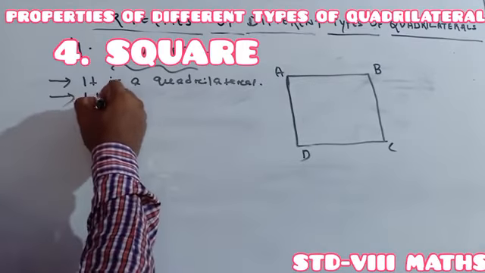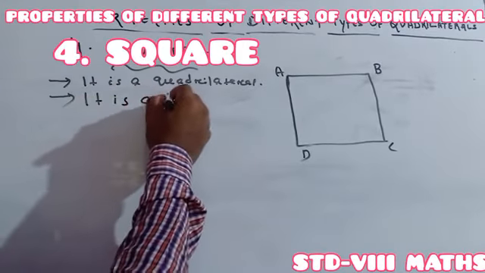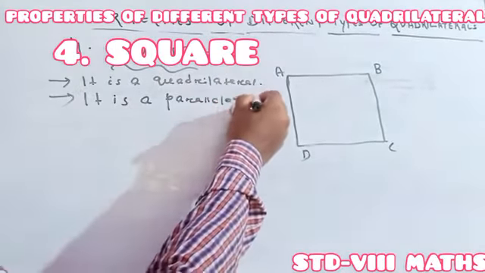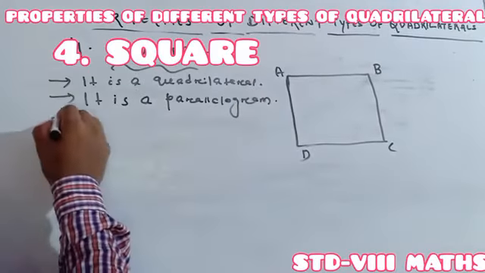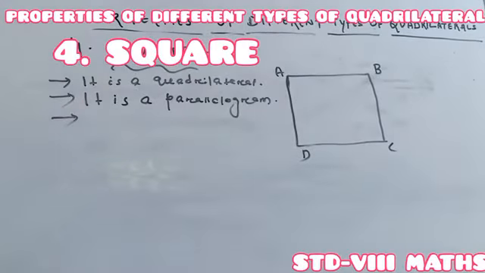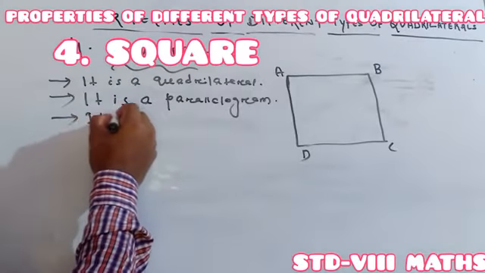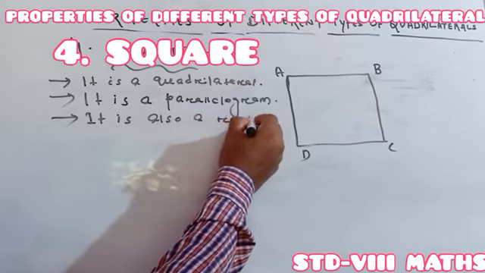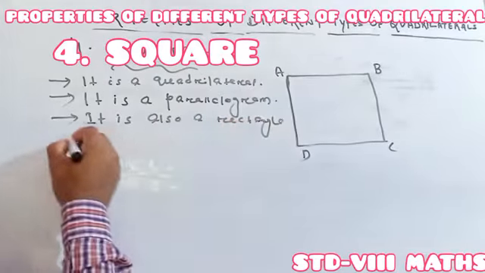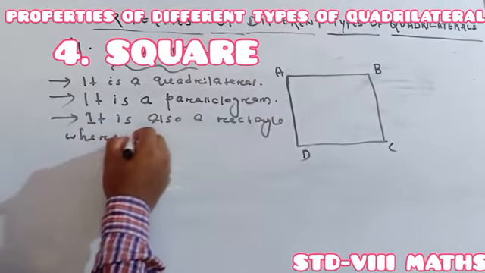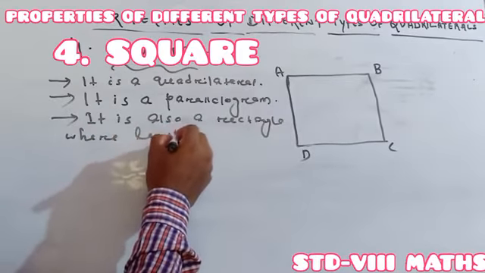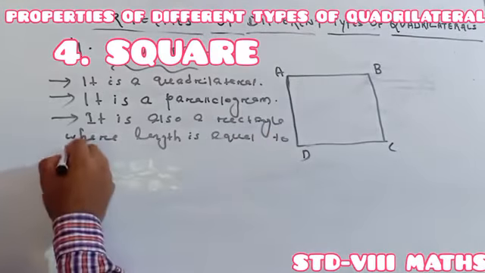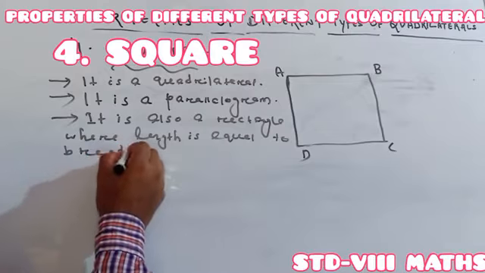Okay, it is a parallelogram. Then after, it is also a rectangle, where length is equal to breadth.